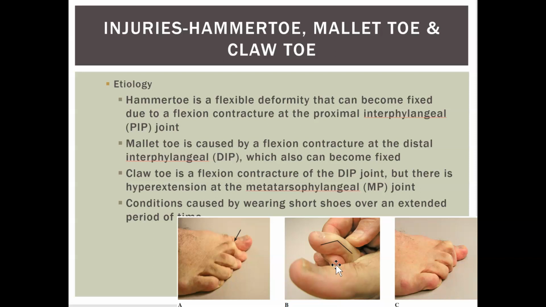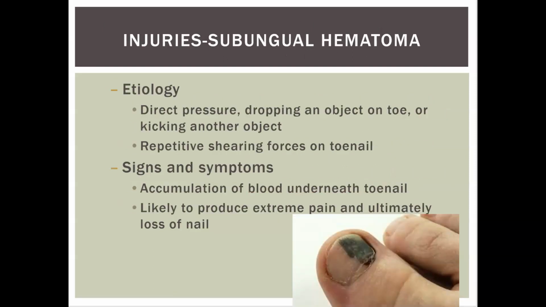Okay, so each of these can be where you're wearing shoes that aren't fitted properly for you. You don't have a big enough toe box, and it can definitely negatively affect you and affect your mechanics while you're running and doing other things. Okay, subungual hematoma.